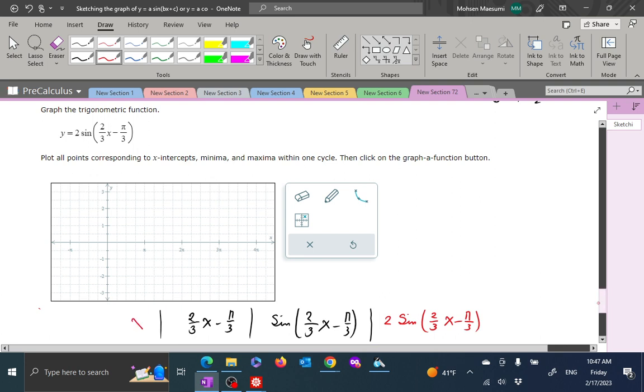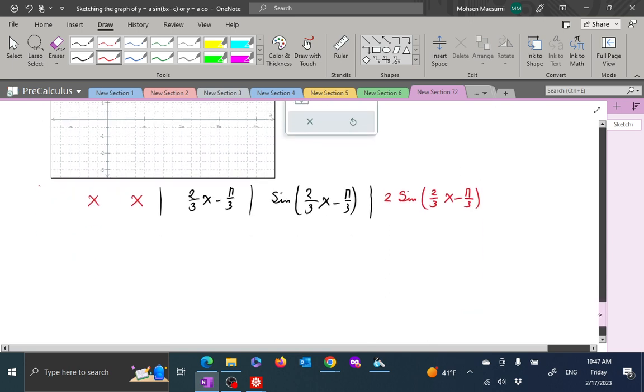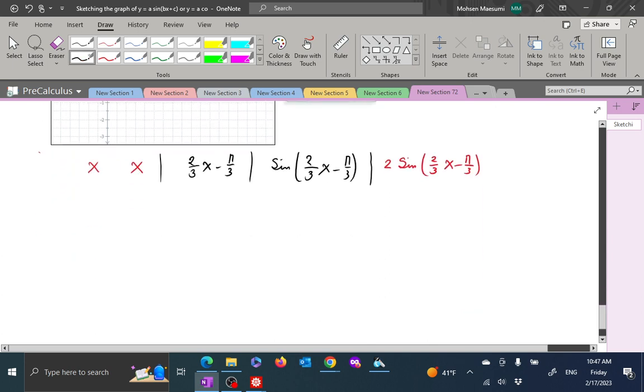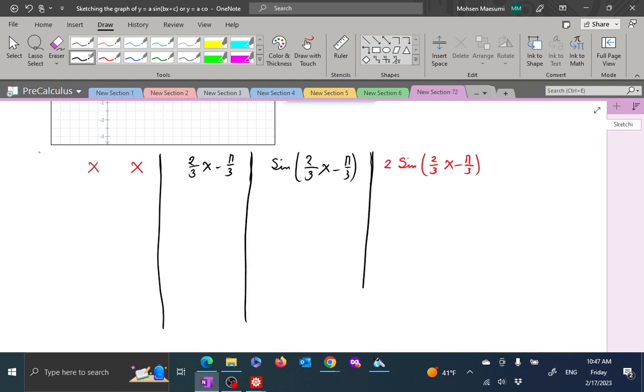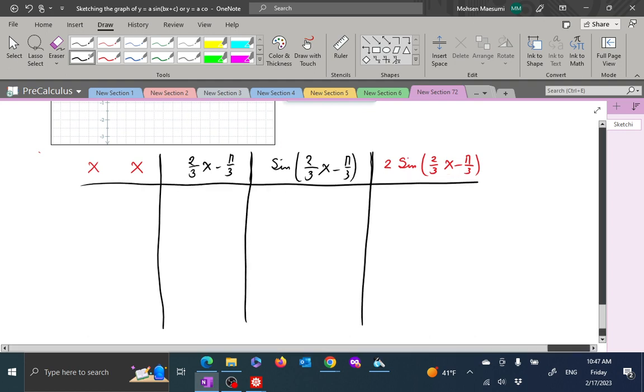So of course we have our x. Every now and then we need to clean the x. So we have 2 columns for x. And then let me go ahead and make our columns substantial.